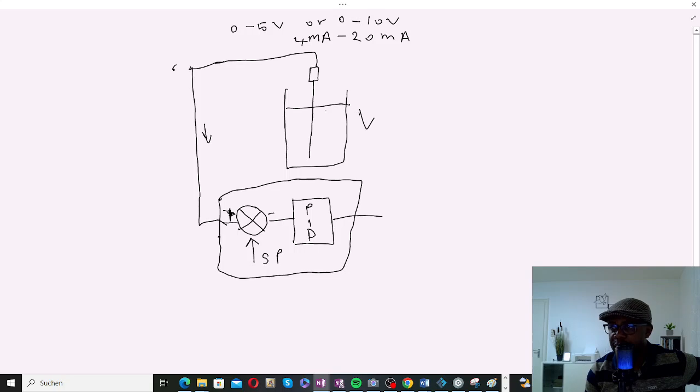The volume could be, let's assume the total volume of this tank is 500 liters or 300 liters, as the example you are about to see. Say it's 300 liters, and they want to keep the volume fixed at, say, 200 liters, for example. At 200 liters. That means your set point here is going to be 200.